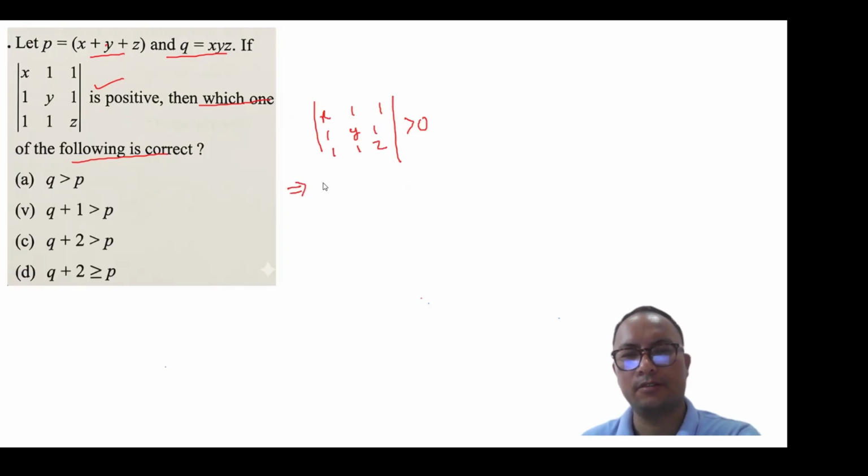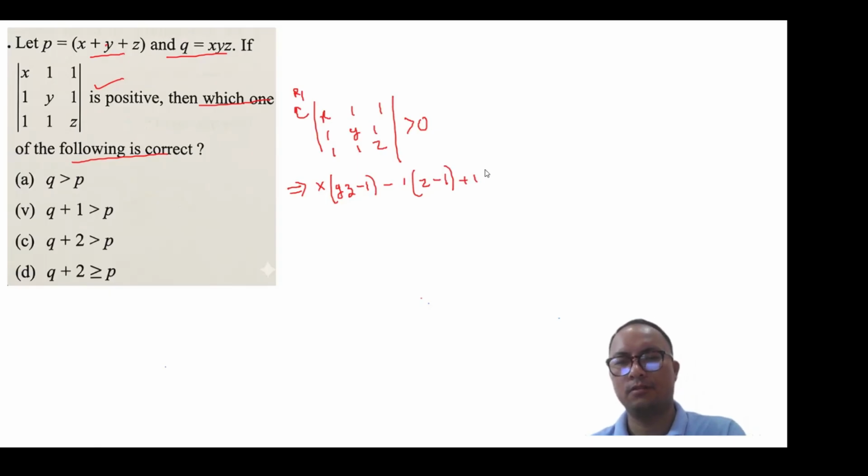Now you find the determinant here. You can expand along any row or any column, but we will be expanding by the first row. So this will be x(yz minus 1) minus (z minus 1) plus (1 minus y) greater than 0.